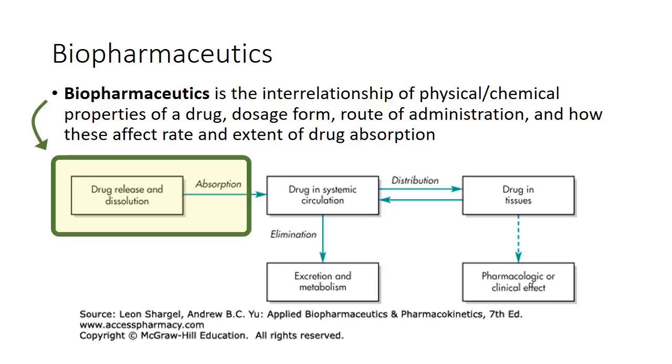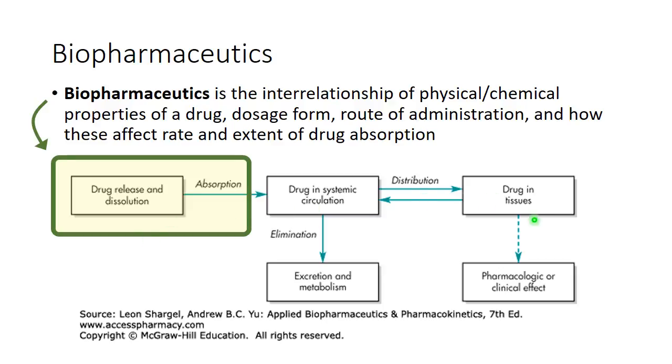In the whole grand scheme of a drug's pathway from beginning to end in the body, biopharmaceutics is the beginning. How is the drug breaking down? What are the factors that affect its disintegration and dissolution, etc.